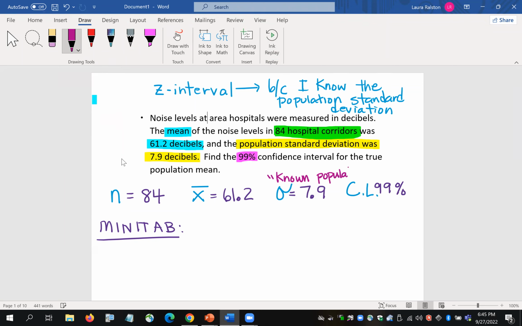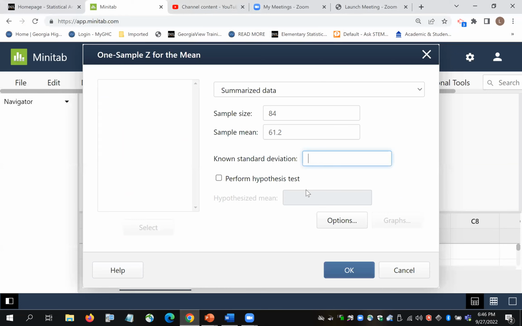It doesn't use the word population, but it's known standard deviation, which was 7.9. So we're going back to Minitab. 7.9.